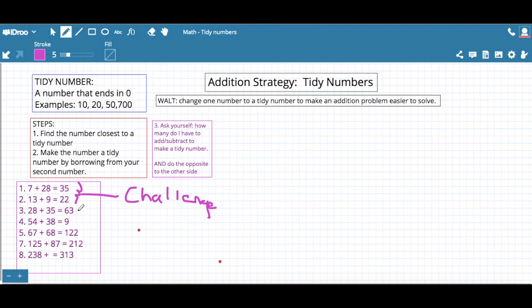If you can do problems like this, I'm going to call it super challenge in my link for my follow-up. And if you can do this, this is called extension. Okay, so choose the follow-up that suits you and have a go at the follow-up questions.